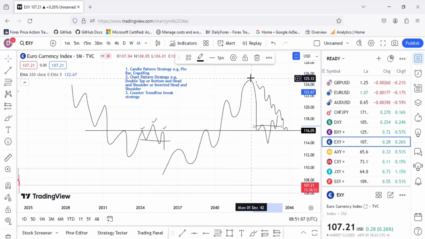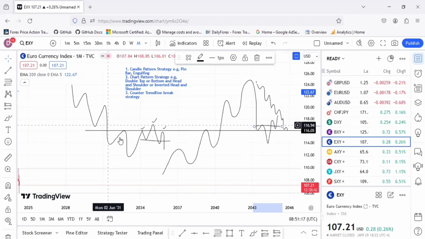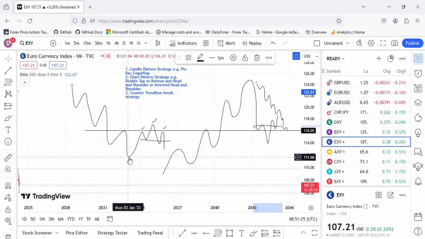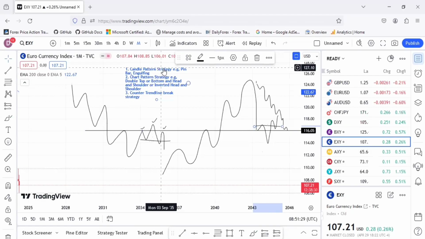And at the top of an uptrend, if you see a chart pattern, either a double top or head and shoulder, you can sell. At the bottom of a downtrend, if you see an inverse head and shoulder or double bottom, you can also buy. So that is how we use chart pattern and candle pattern for entry.